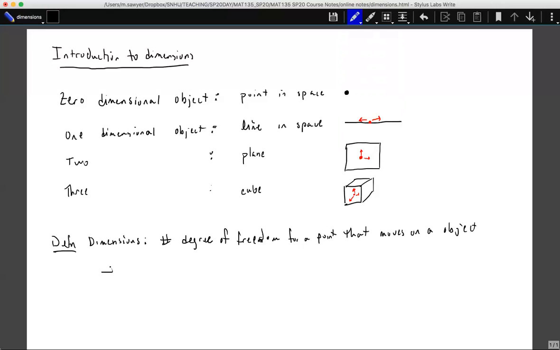We can think of this as how many independent parameters we need to describe where it lives in space. For the line, we need 1 parameter to describe where it lives, either to the left or the right. For a square, we need 2 parameters, essentially an X and a Y coordinate.